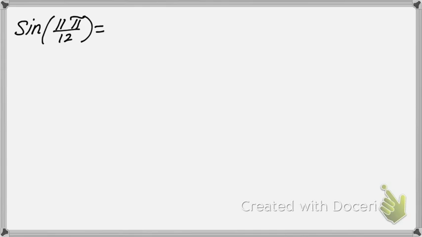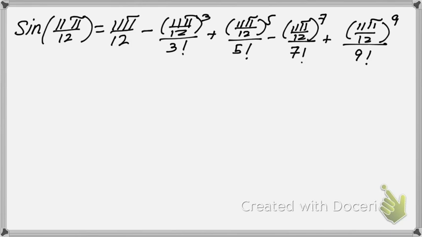So for instance, we might say that we are going to go 11 pi over 12 minus 11 pi over 12 to the third over 3 factorial. And continuing, we can get a few more terms.